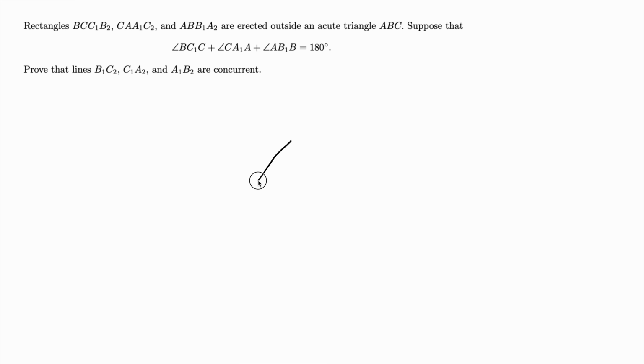So when we draw it, we have an acute triangle ABC. Here is A, here is B, and here is C. Now rectangles BC, oh wait, did I say C prime?